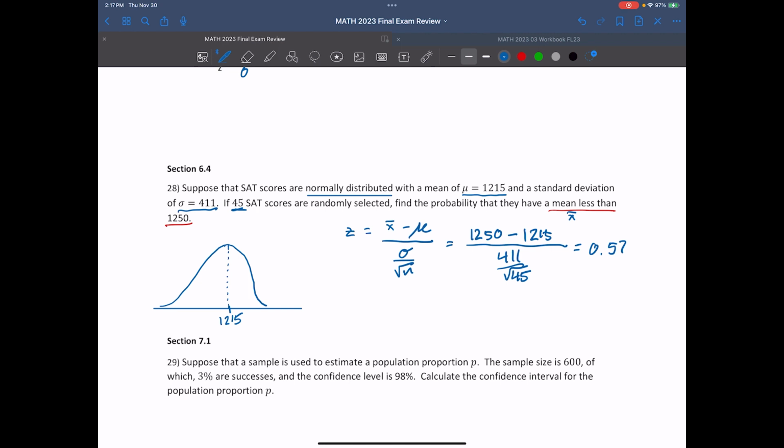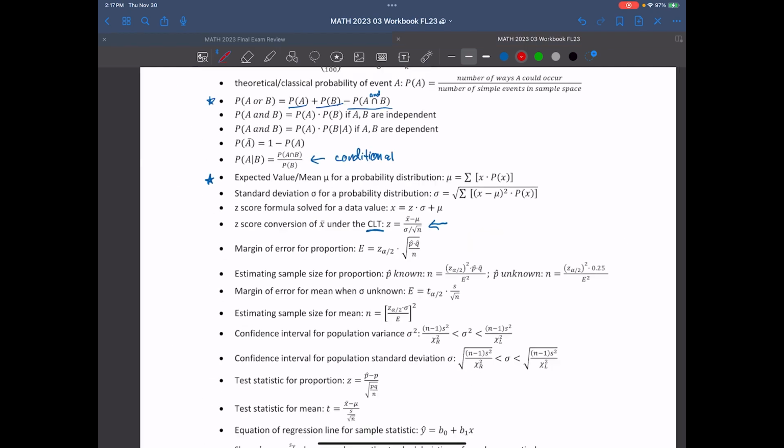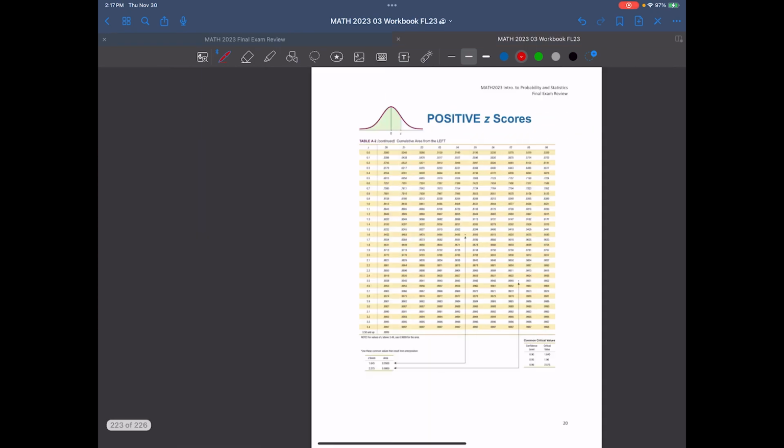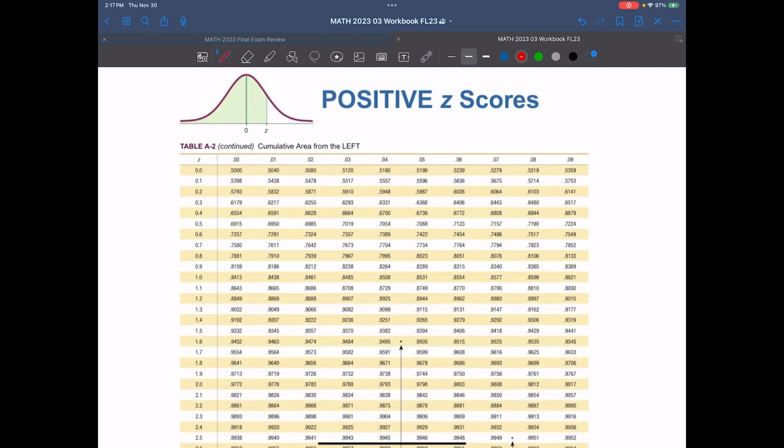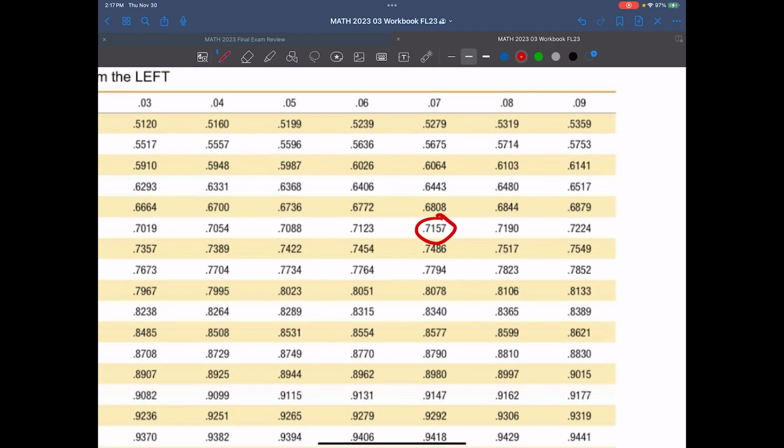So originally we have 1250 here, converting it to a z-score. This is 0, and now this is 0.57. So we essentially want to find this area. Going to our z-score table, we're going to find our positive 0.57, which is right there, 0.7157.